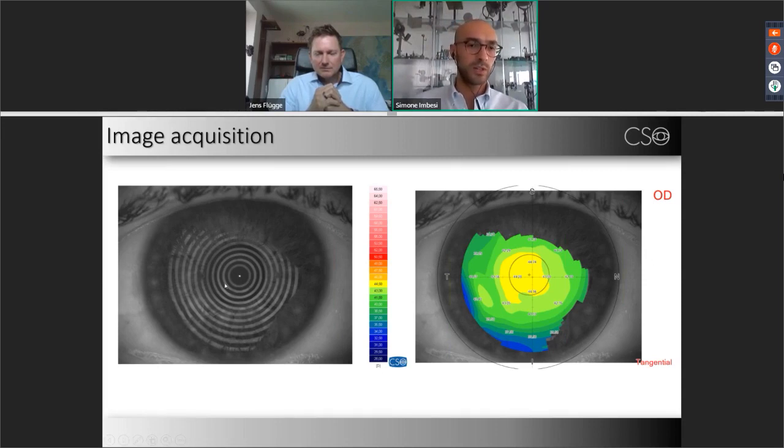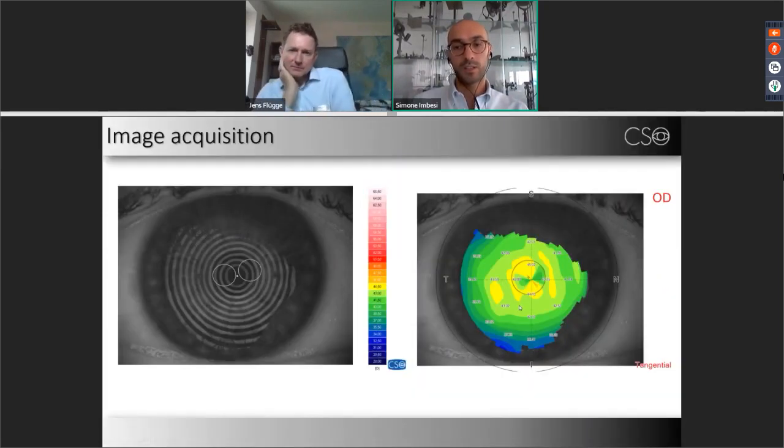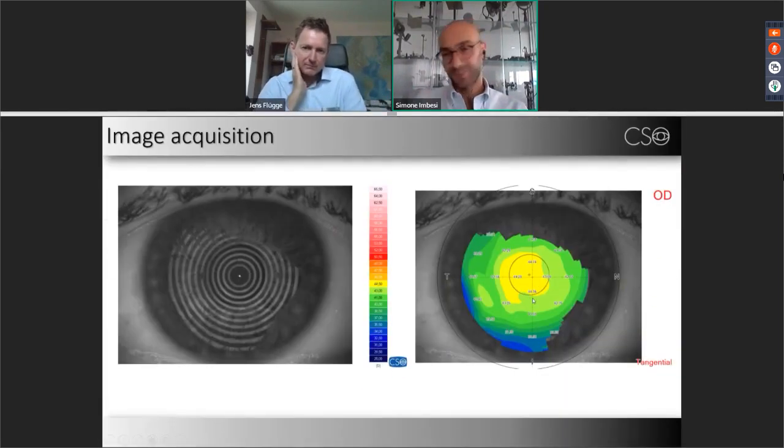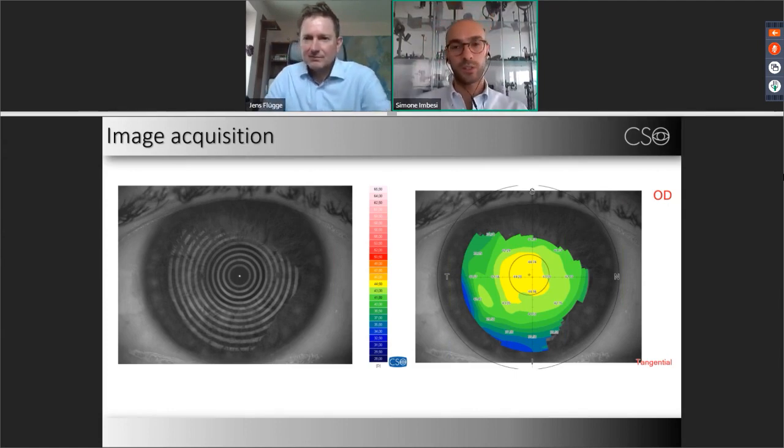As you can see here, we have no artifacts due to the poor quality of the tear film, and the astigmatism that was visible here has magically disappeared. So these two slides are to let you understand the importance of having a good tear film and a good ocular surface to be analyzed.